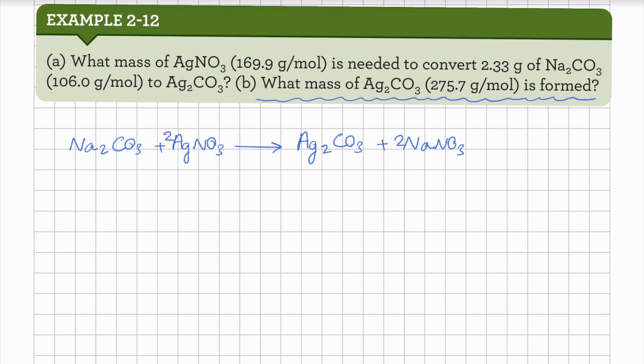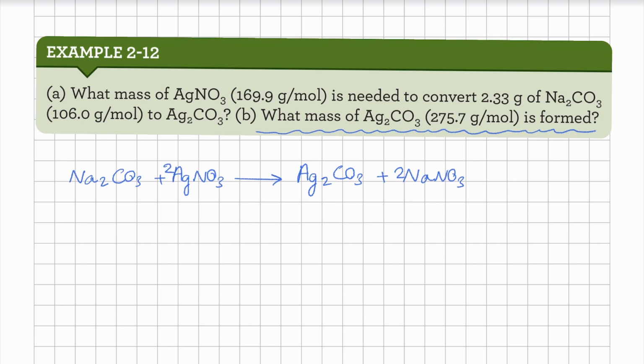Okay. The question says, what mass of AgNO3 is needed? On the other hand, it gives us the grams of Na2CO3 and also the molar mass.